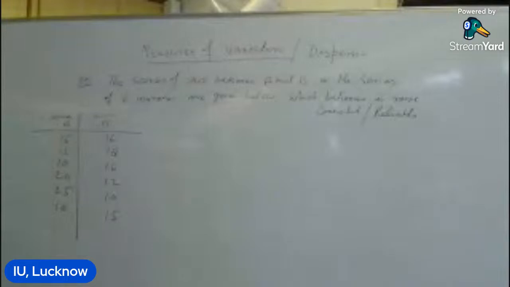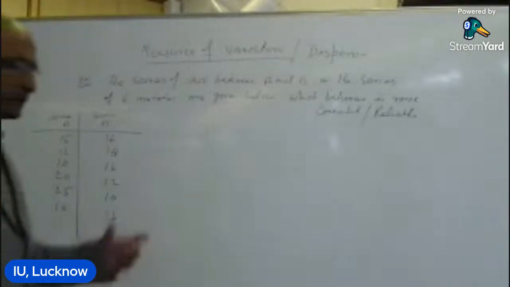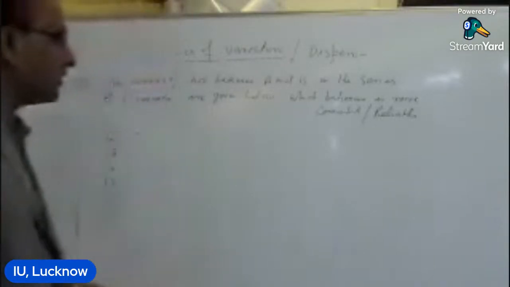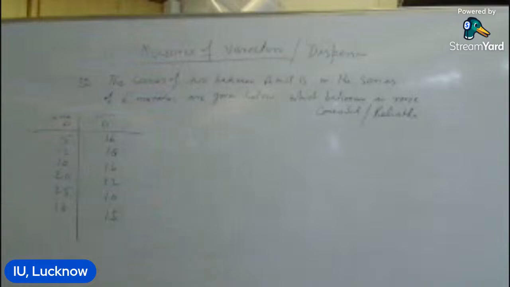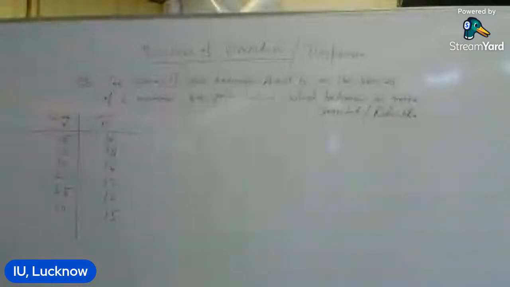For finding the consistency, we have to see which batsman has less variation. Less variation will give you more consistency.